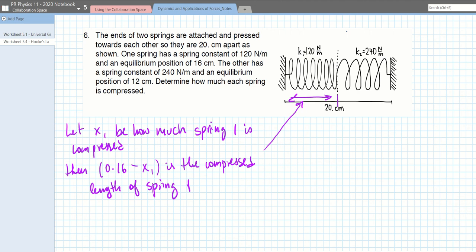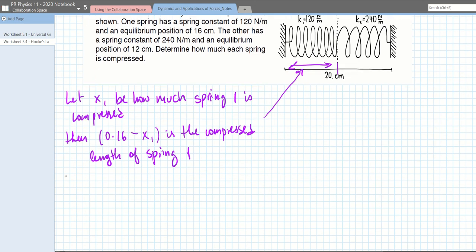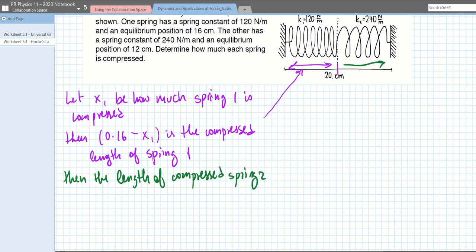So the length of compressed spring 2, this right here, is going to be 20 centimeters.